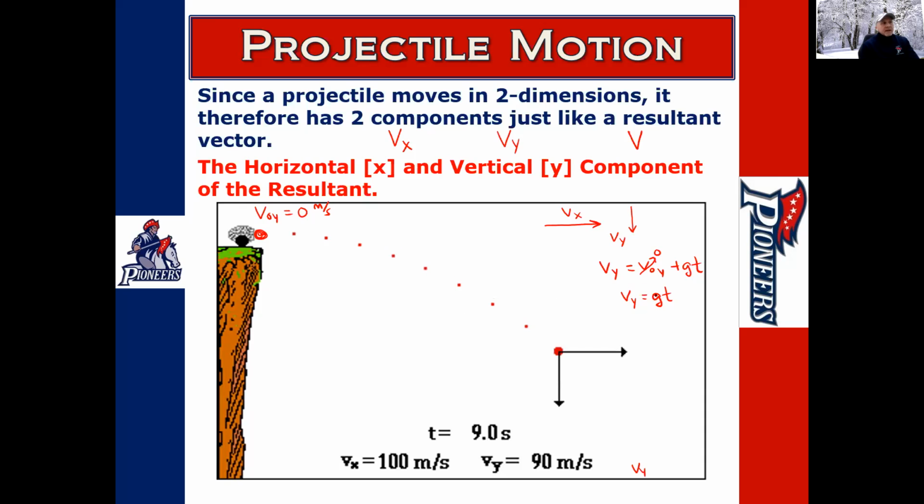So it's increasing by 10 meters per second every second. So what that tells me is that Vy is directly proportional to time, right? If we make time 10 times bigger, we're making Vy 10 times bigger. If we make time twice as big, Vy is going to be twice as big. They are directly related from this equation, right?